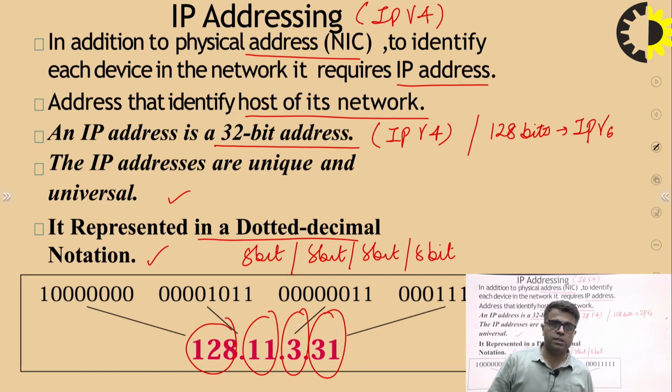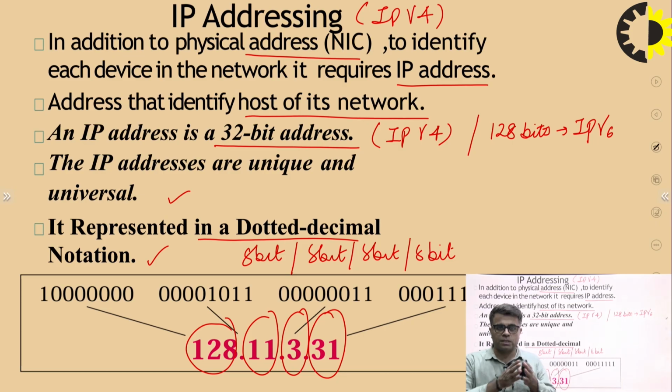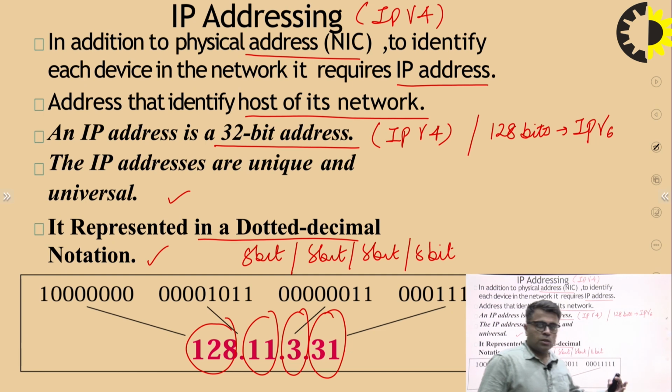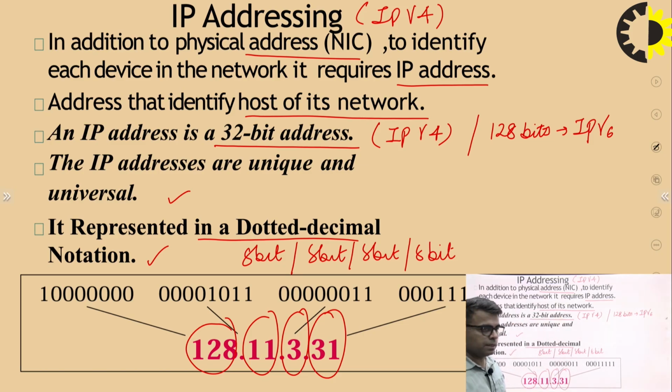But for humans, it is not possible to remember such a long string of binary numbers, 1s and 0s, for 32 bits. So it is convenient for us to use decimal notation, because decimal is something we have been using from our childhood, so we are very comfortable with it. We can simply write these numbers in decimal.